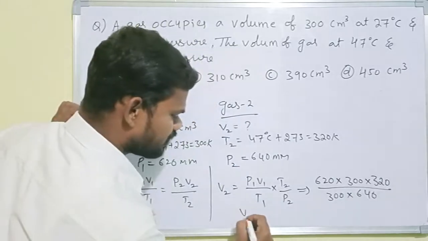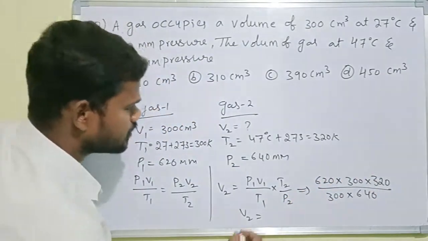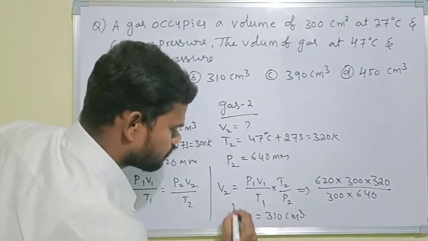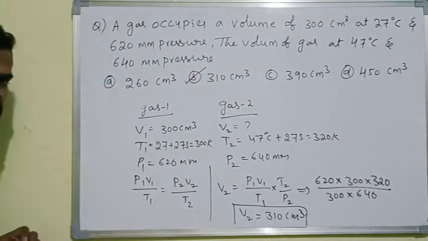If we calculate all this, we get V2 as 310 centimeter cubed. So this is V2, and the second option is correct.